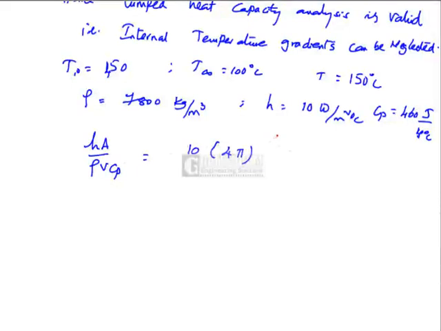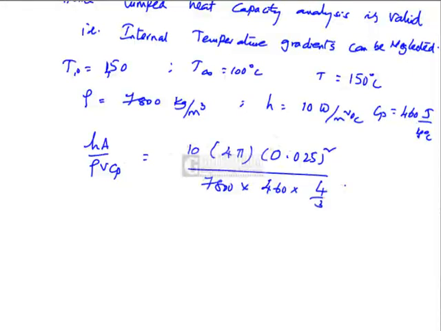area is 4 pi r square, surface area of the sphere. Density is 7800. Volume is 4/3 pi r cube, specific heat is 460.